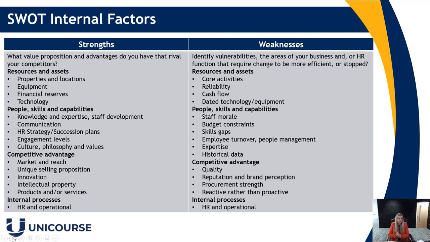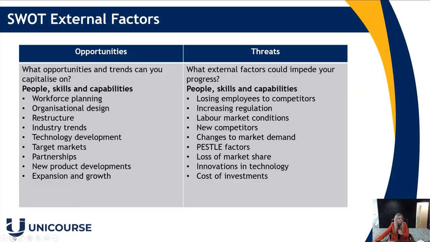Is it related to your reputation? And then you can think about the internal processes as well that link to something that you can work on. If your HR and operational processes are at a weak point, then maybe you need to hire a different HR professional. Maybe you need to look at different avenues for advertising different roles. Maybe you need to look at your interview process. There's a couple of different things you can look at there to strengthen that.